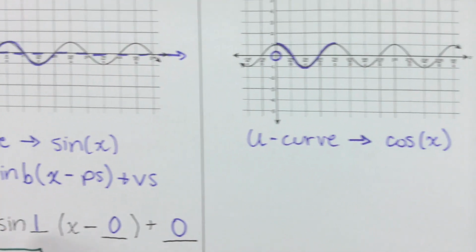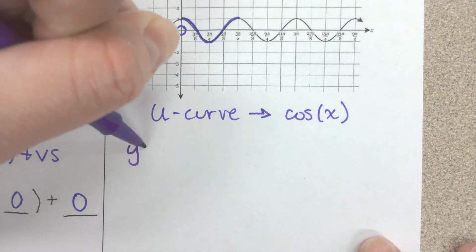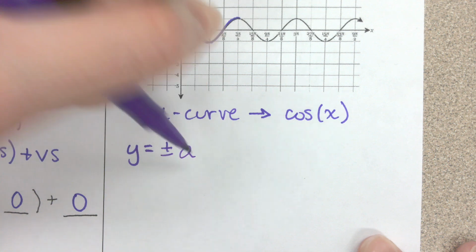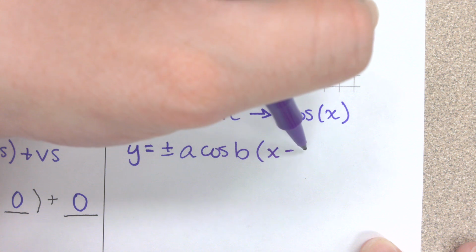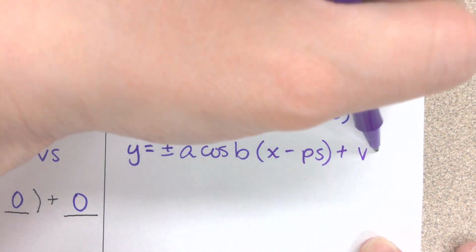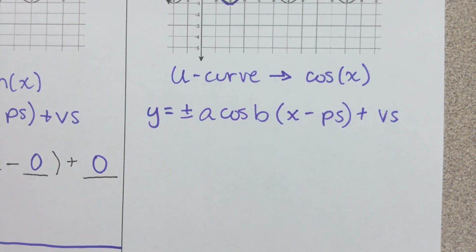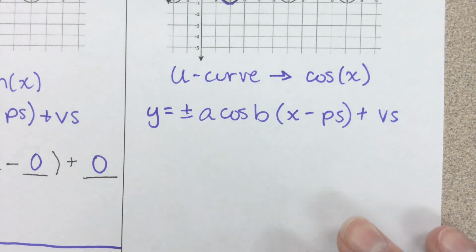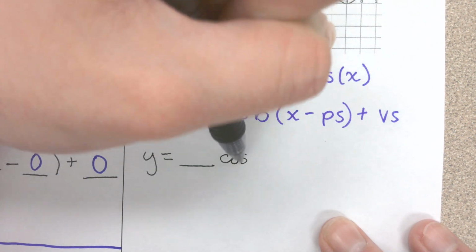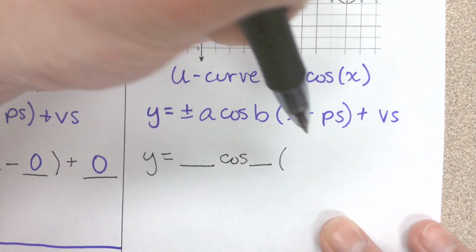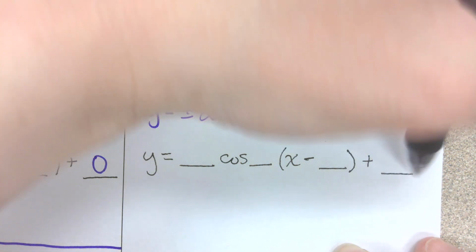I'll write the general form. It'll look the exact same as with the sine, except it'll have cosine. Y is equal to plus or minus a cosine of b, in parentheses, x minus the phase shift, plus the vertical shift on the outside. I'll go ahead and set up my starter equation under that. Y equals, we'll figure out a cosine blank for b, x minus blank for phase shift, plus blank for vertical shift.